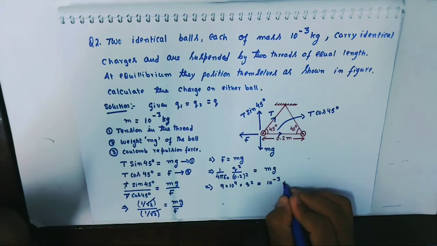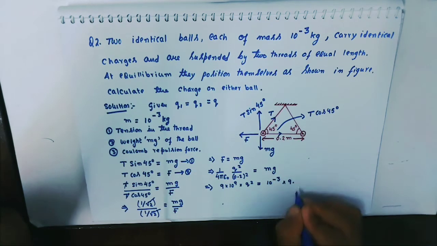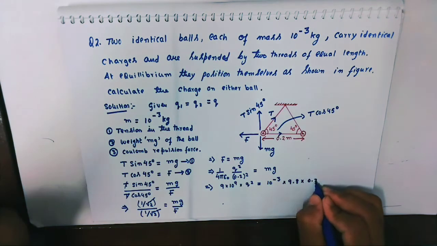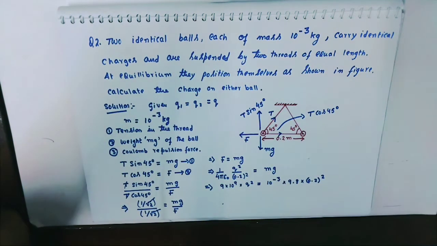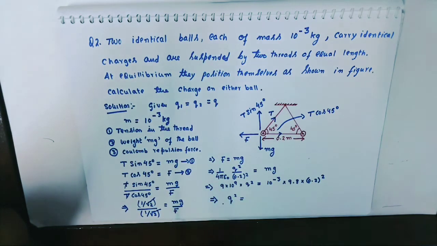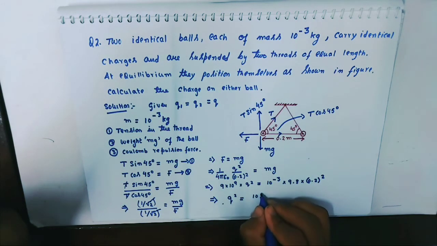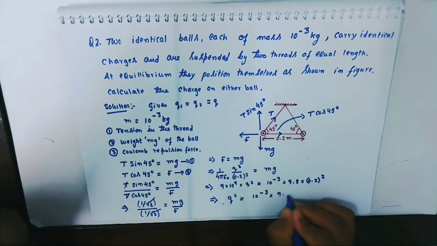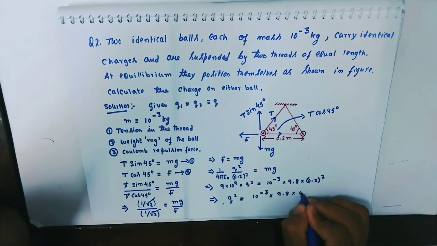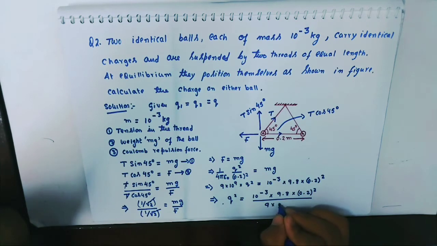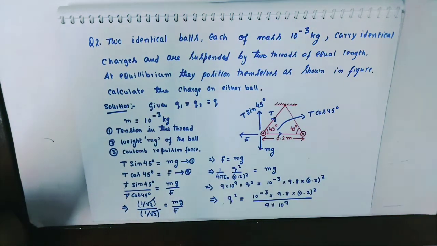then multiplied by 9.8. This g is 9.8. Then multiplied by 0.2 whole square. And this q we can write as 10 to the power minus 3 multiplied by 9.8, then 0.2, then divided by 9 into 10 to the power 9.